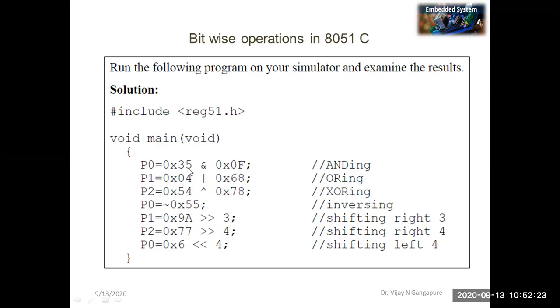This is one byte of data, and this is another byte of data. Between these two bytes I am doing a bitwise AND operation, and whatever result we get is put on port 0. Now we will see what exactly happens.